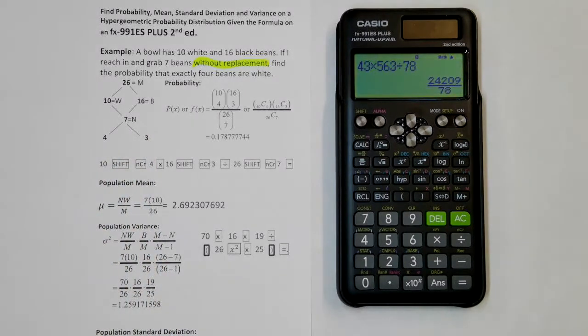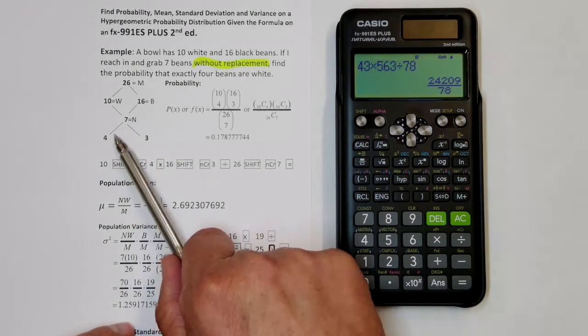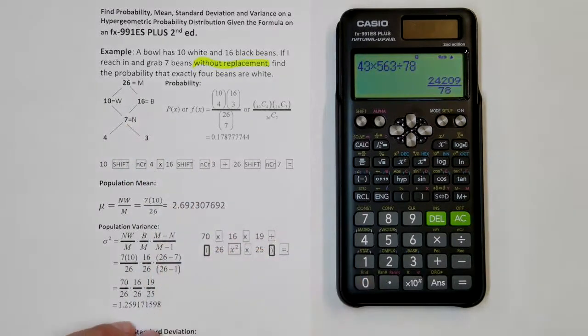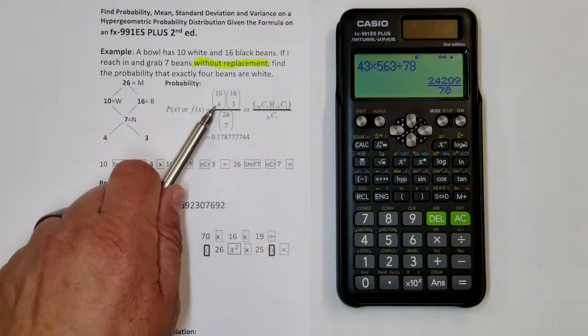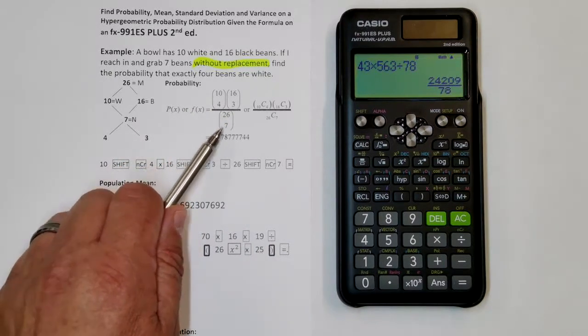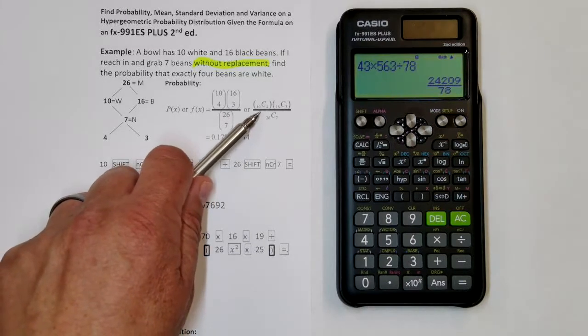So in order to do this on a calculator, you have to figure out the formula. It would be 10 choose 4 times 16 choose 3 over 26 choose 7, meaning 10 combination 4 times 16 combination 3 over 26 combination 7, which can also be written this way.